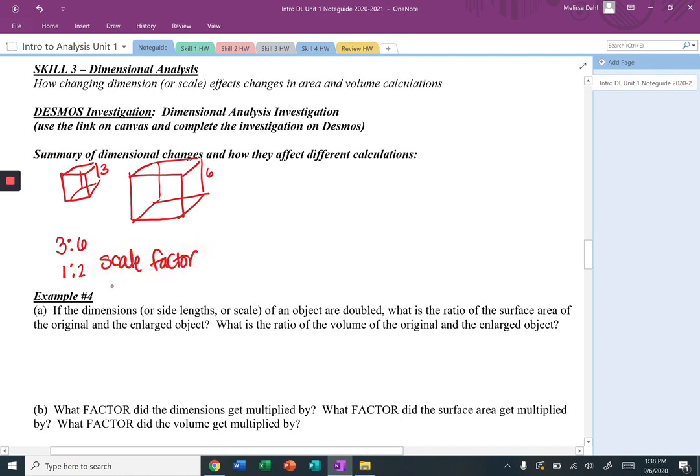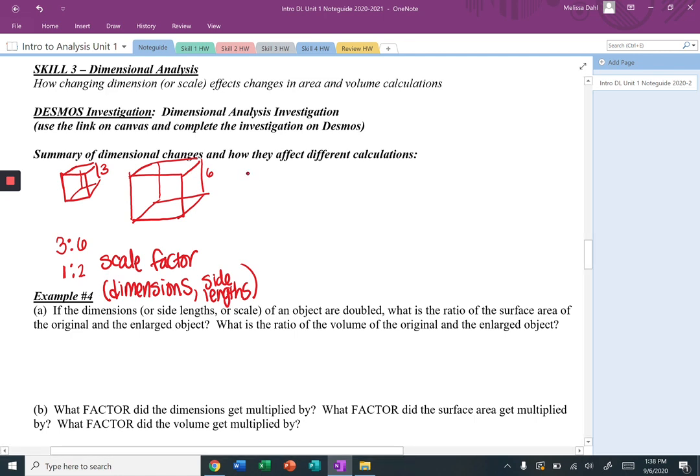in your investigation. I'm going to use a couple of vocabulary words so you know when you're answering what, dimensions or side lengths. When you hear scale, dimension, or side lengths, those are all just talking about the measurements marked on the drawing. Okay?